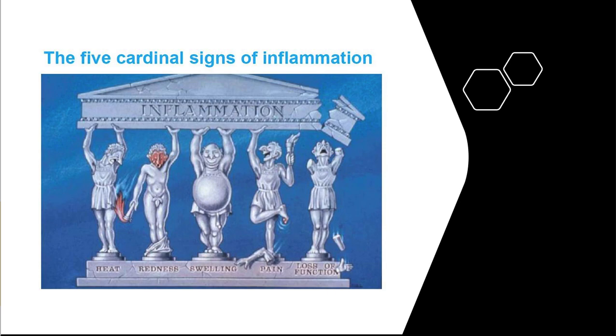The first four of these were described more than 2,000 years ago by a Roman encyclopedist named Celsus, who wrote the then famous text De Medicina, and the fifth was added in the late 19th century by Rudolf Virchow, known as the father of modern pathology. These manifestations occur as consequences of the vascular changes and leukocyte recruitment and activation.